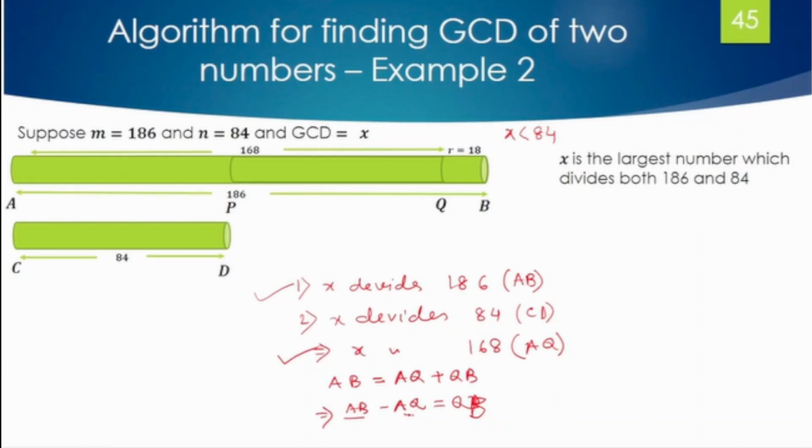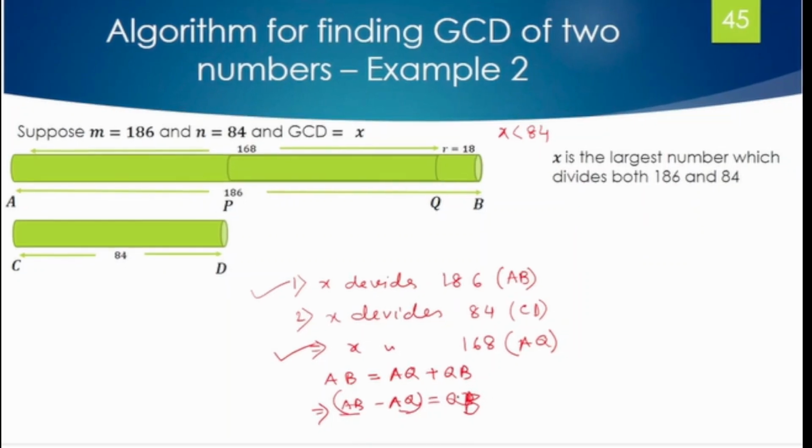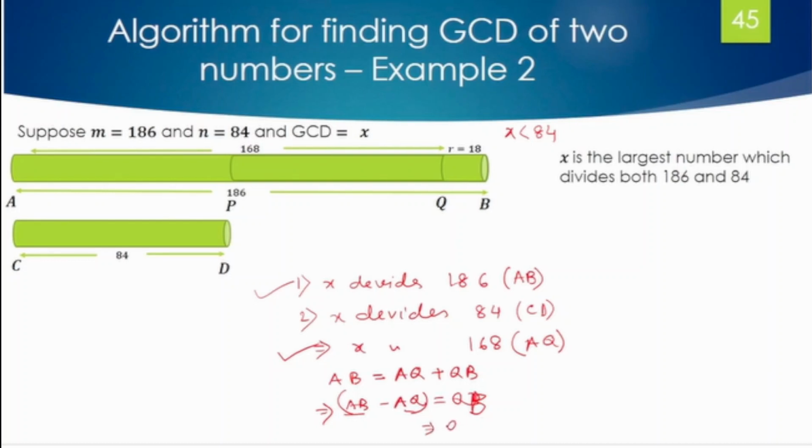So that means this whole quantity AB minus AQ is also divisible by x. That means QB is actually divisible by x. So this implies x divides QB as well.